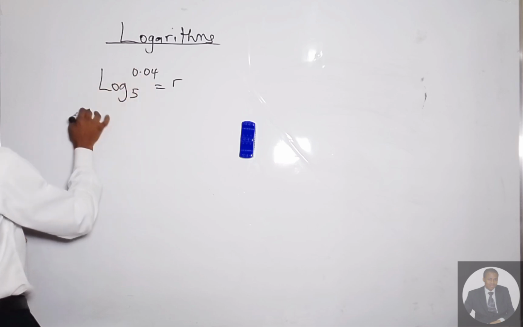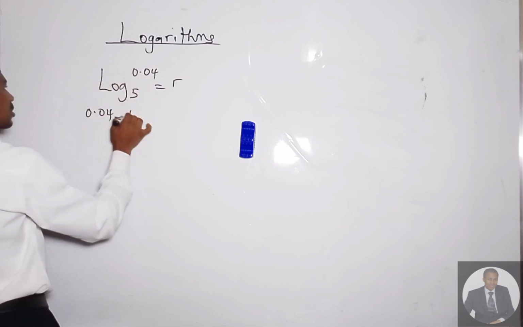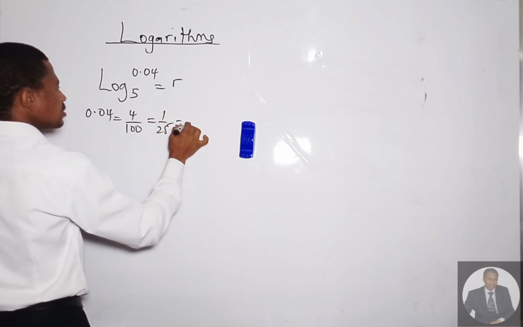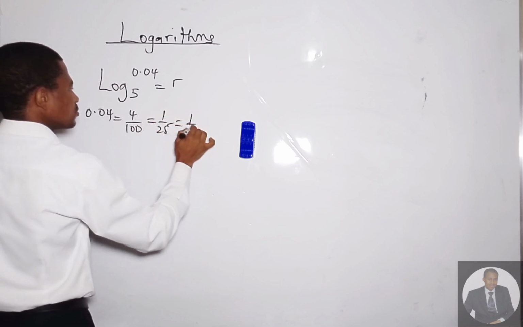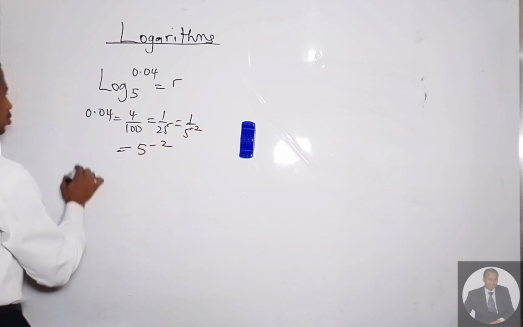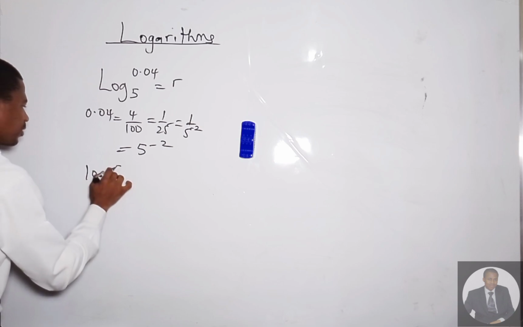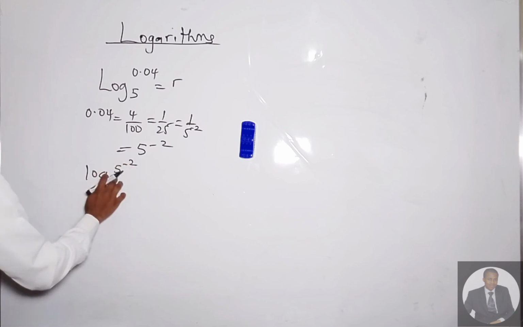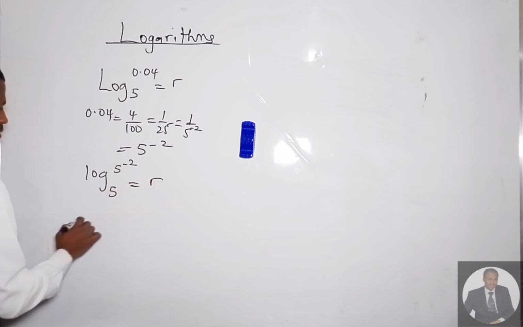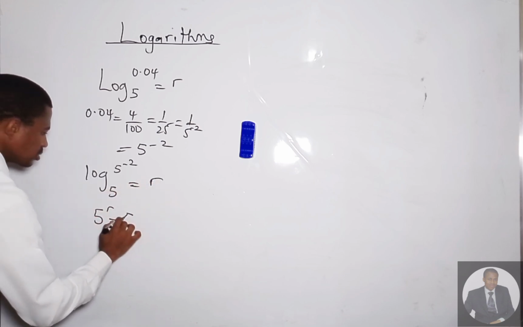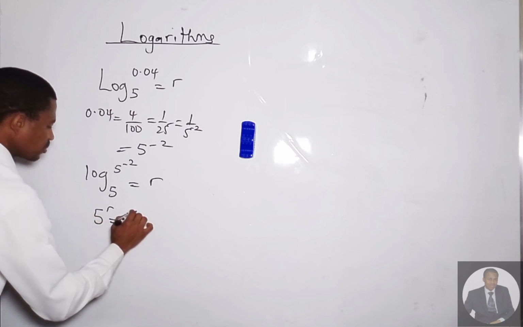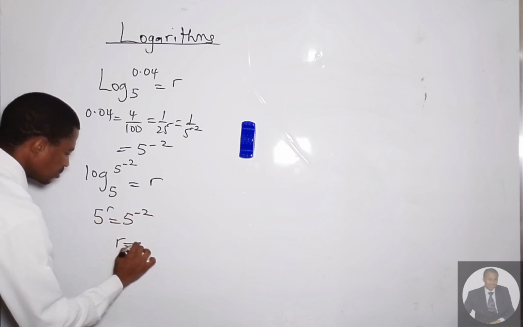Let's express 0.04. 0.04 is the same thing as saying 4 over 100, and that's 1 over 25, and that's 1 over 5 to the power of 2, and that's 5 to the power of minus 2. So we say log of 5 to the power of minus 2 to the base of 5 equals r. So we say 5 to the power of r equals 5 to the power of minus 2. So r is minus 2.